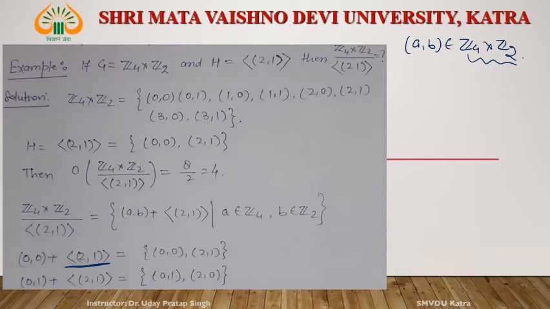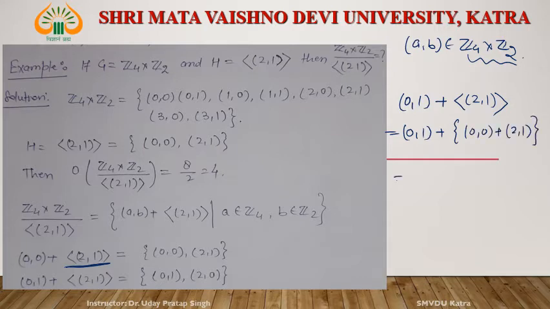Okay. (0, 1) plus H: what is (0, 1) plus (2, 1)? That is (0, 1) plus {(0, 0), (2, 1)}.